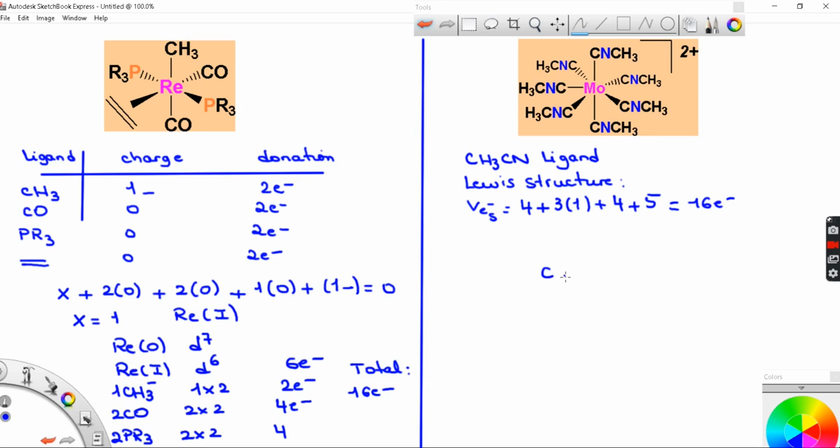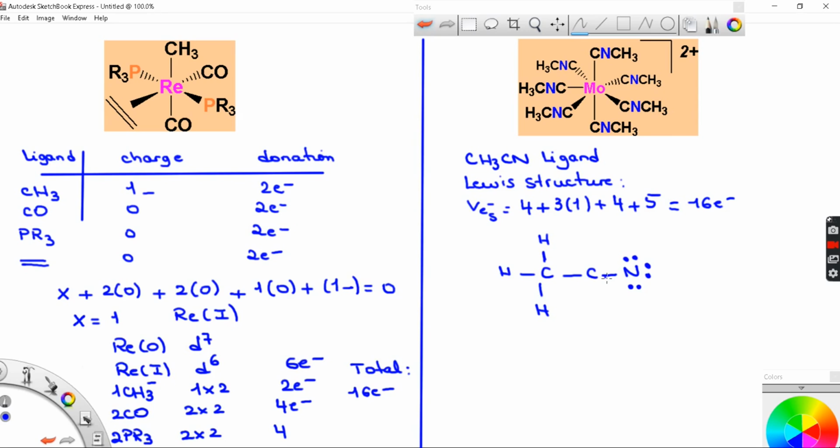We have C, N, and the 3 hydrogens. So we distribute 2, 4, 6, 8, 10, minus 16, so we have 6 electrons remained. We put it on the outer atoms. We look to the structure.